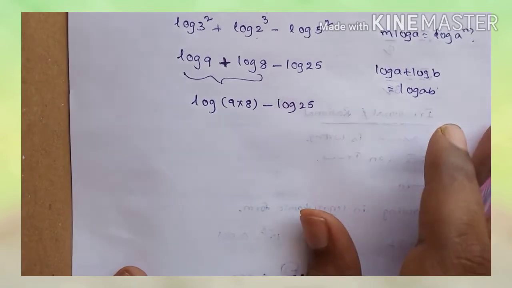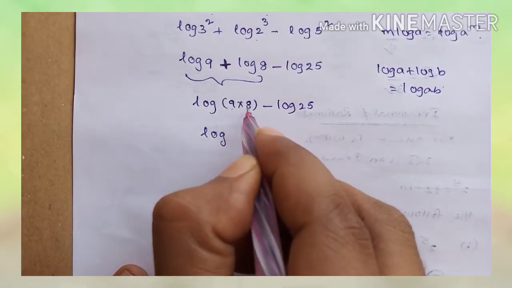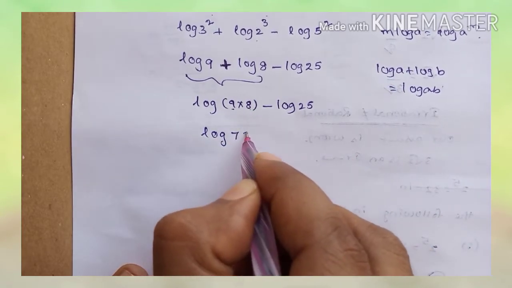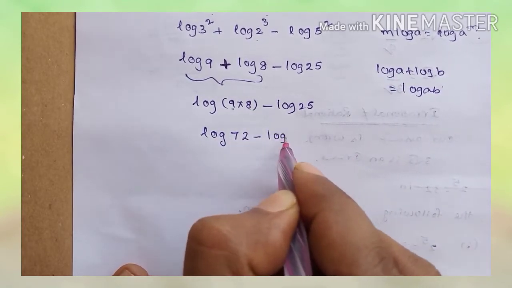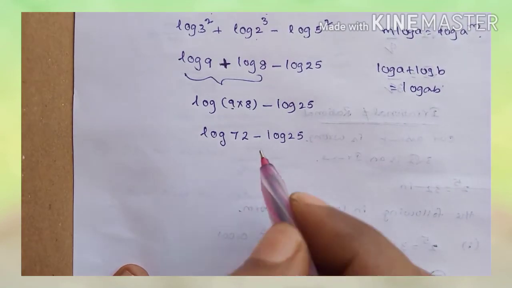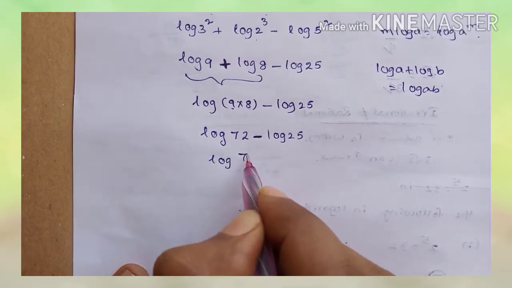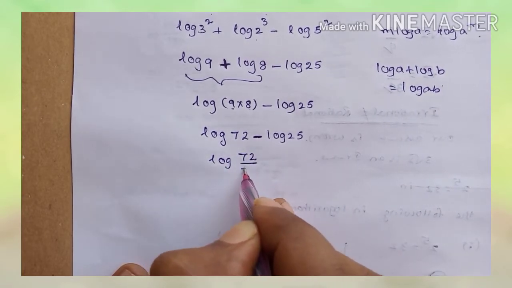Right, now the next one, logarithm of the product. Now 9 eights are 72, minus log 25. Okay? Now between there is minus, so logarithm of 72 by 25.